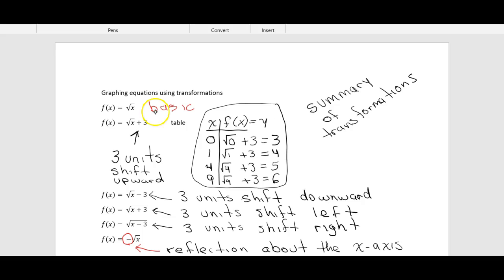So it's better to understand how the basic one works, and then from there we start working on the transformations. And this one would apply to any other graph. And we have many more functions to come, even graphs that are not functions.